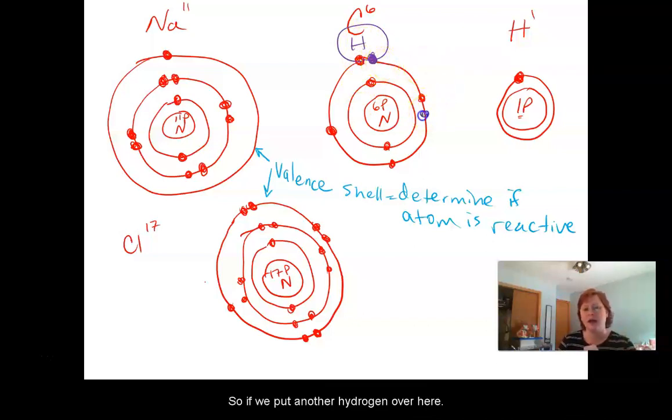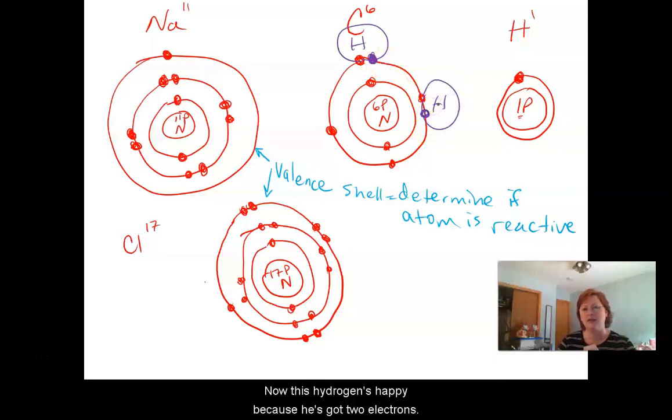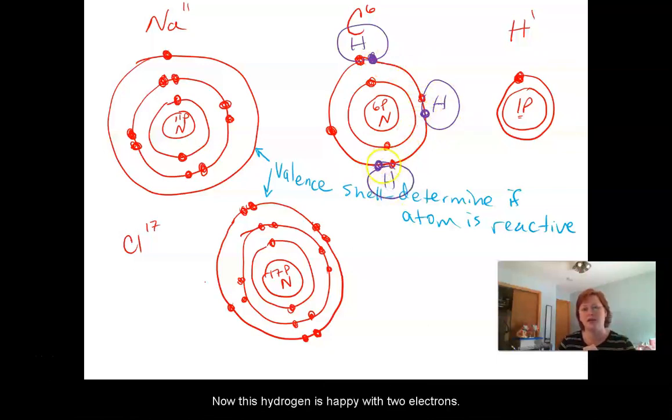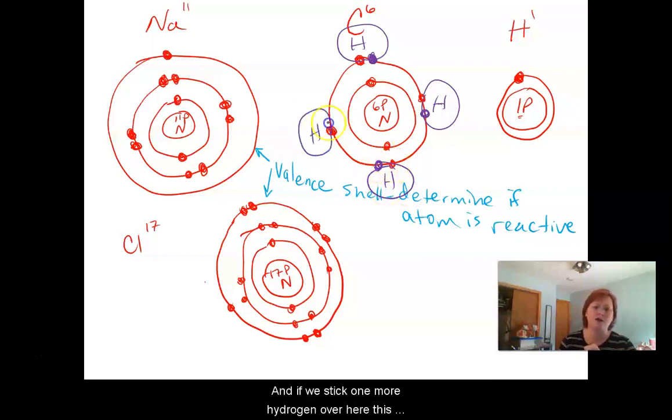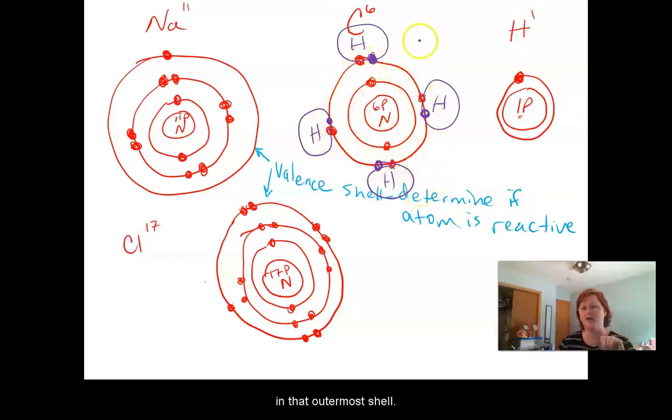So if we put another hydrogen over here, now this hydrogen is happy because he's got 2 electrons. If we put another hydrogen over here, now this hydrogen is happy with 2 electrons. And if we stick one more hydrogen over here, this hydrogen is happy and has 2 electrons. In addition, my carbon now has access to 8 electrons in that outermost shell, and we have created a molecule, CH4.